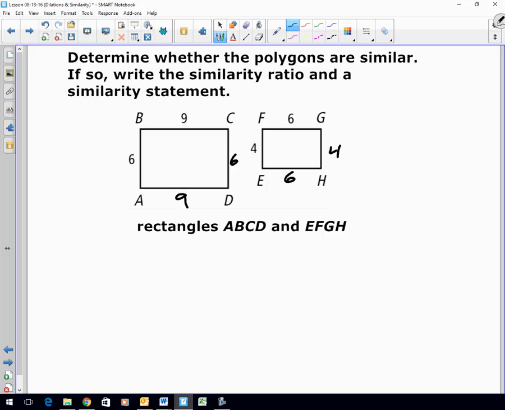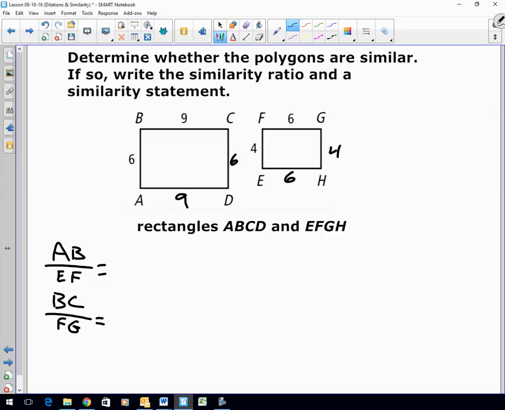Alright, so, hey, check it out. Here's how I would go about writing this similarity ratio. I would compare side AB to side EF. AB over EF. That's one side, right? Then I would compare BC to FG. BC over FG.